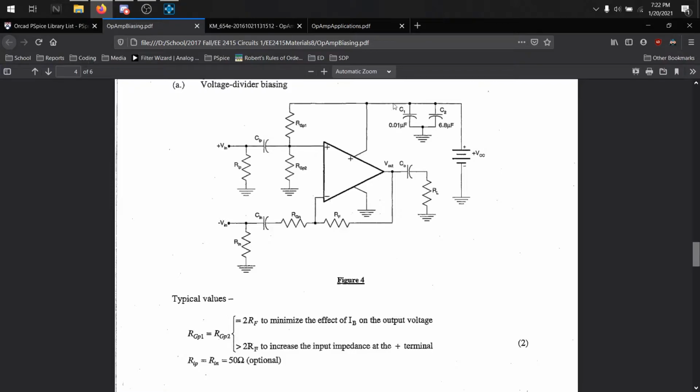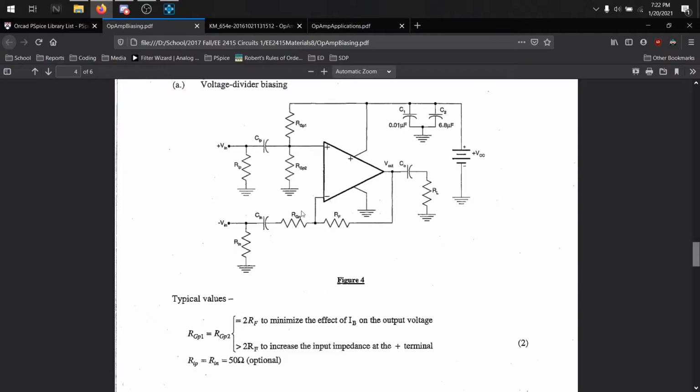These capacitors do the same thing. They keep the noise coming from the battery out. These other capacitors keep the DC from going into this side. These keep the AC out of the biasing, but these keep the DC from going into the op amp terminals.